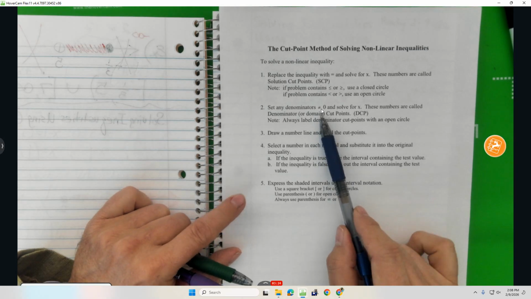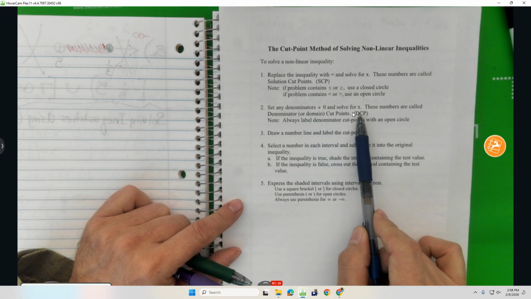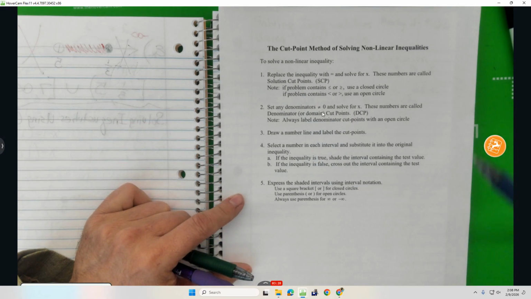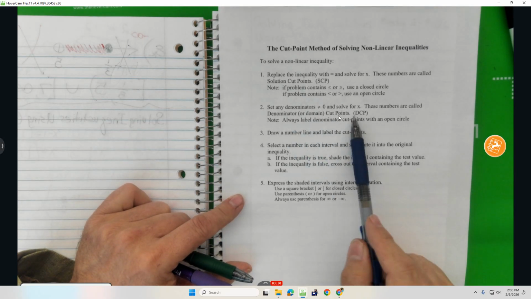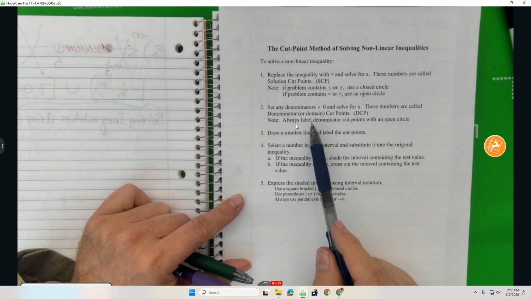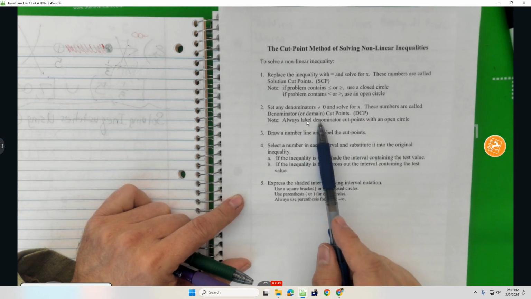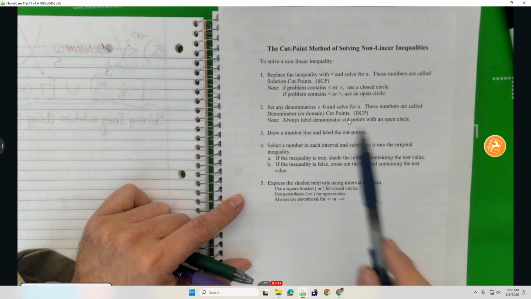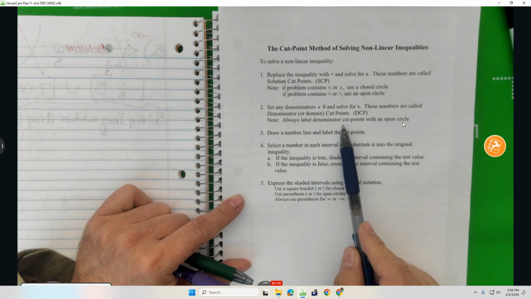So set any denominators not equal to 0 and solve for x. These numbers are called denominator or domain cut points. For denominator cut points, you never want a denominator of 0. So it doesn't matter what the inequality is, denominator cut points will always be labeled with an open circle.